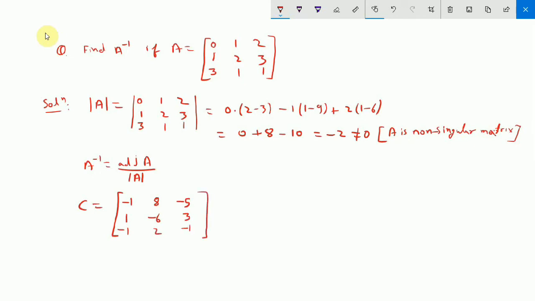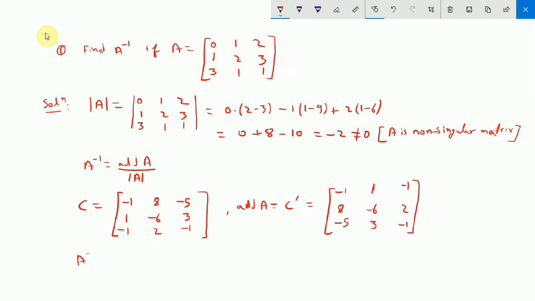This is the cofactor matrix, and the adjoint of A will be the transpose of the cofactor matrix. So we give this as minus 1, 8, minus 5, 1, minus 6, 1, minus 6 and 3. Next one is minus 1, 2 and minus 1. So we have calculated the adjoint of A.